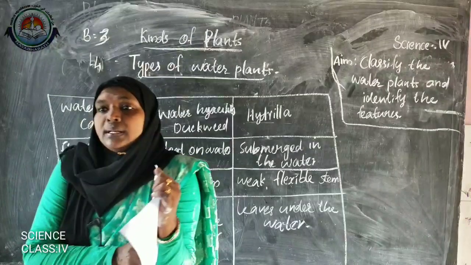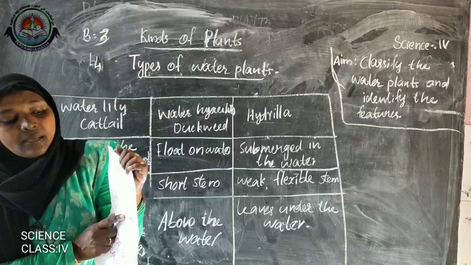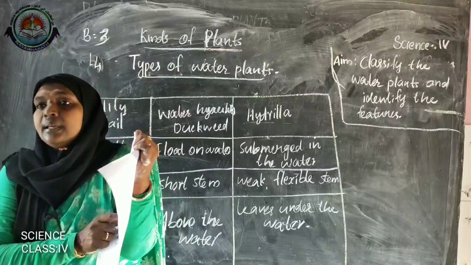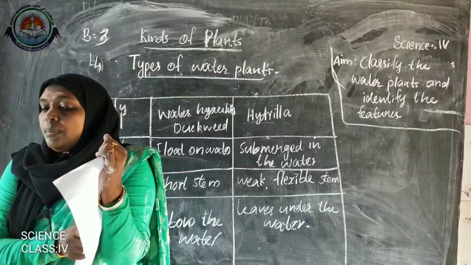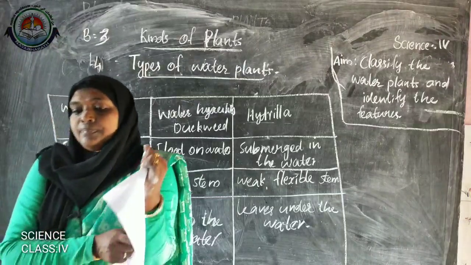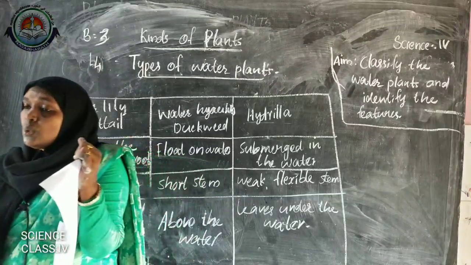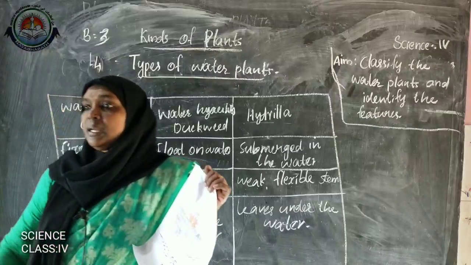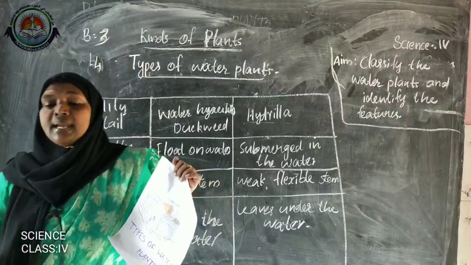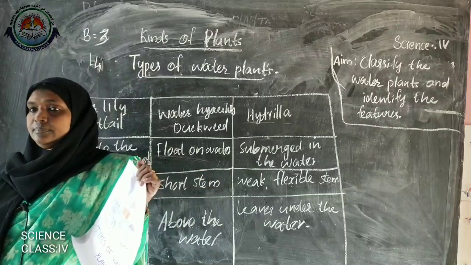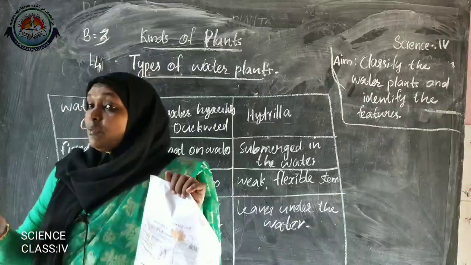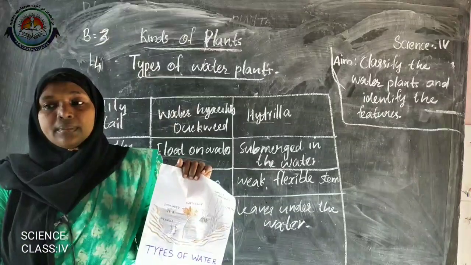How are water lily and cattail similar? Water lily and cattail both have a long stem and their roots are fixed to the ground. Flowers and leaves are above the water. Then how are they different from hydrilla?